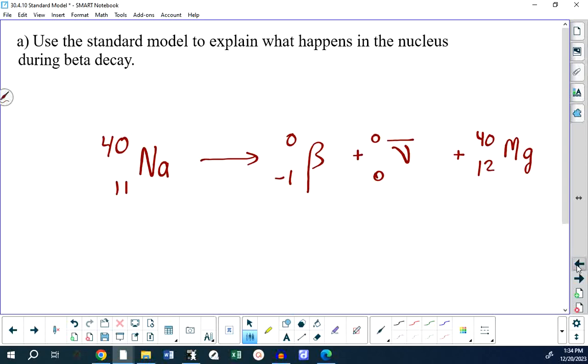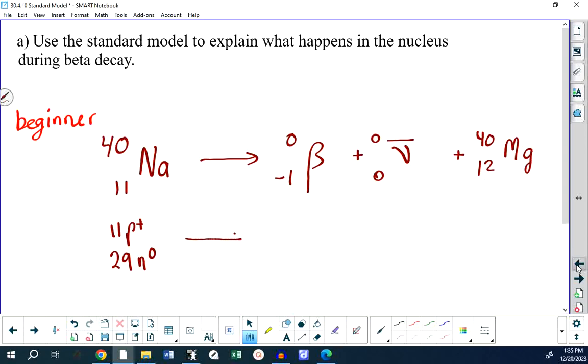This I would describe as a beginner explanation to what's going on during beta decay. It's very, very limited. You're following some rules to predict what's going to happen. But we know that this is 11 protons and 29 neutrons. How's my math?